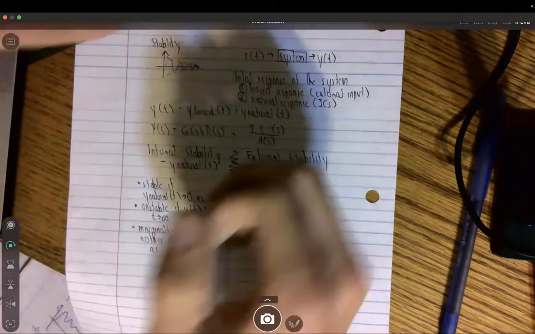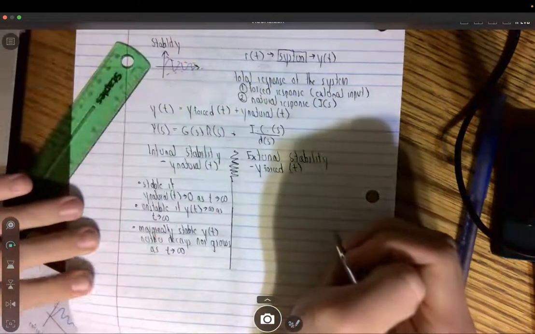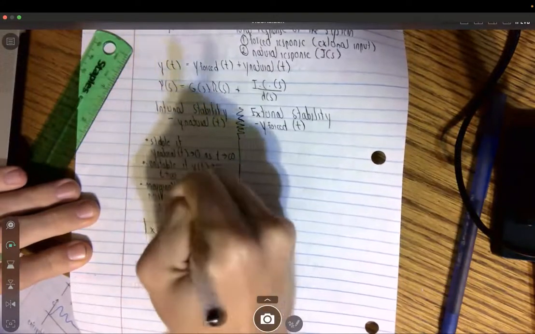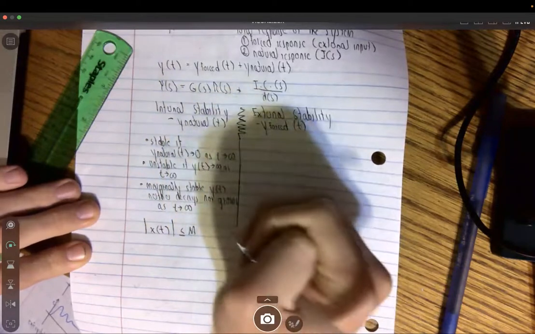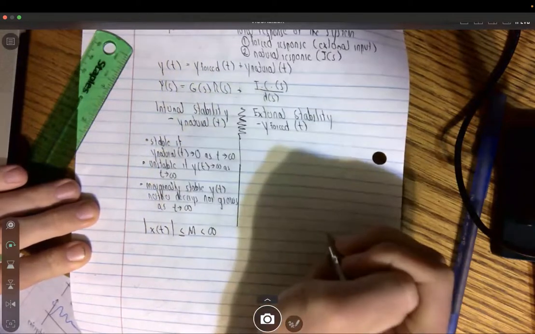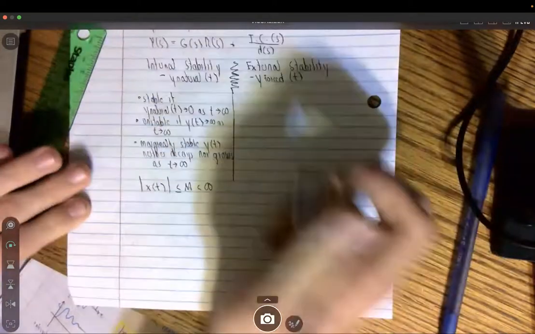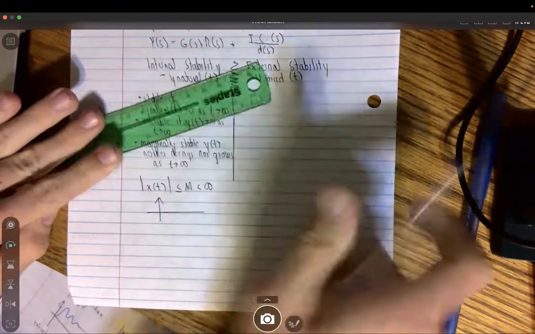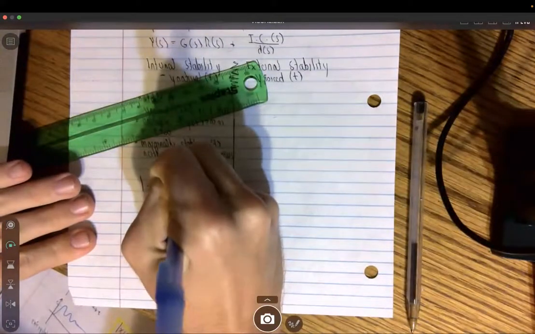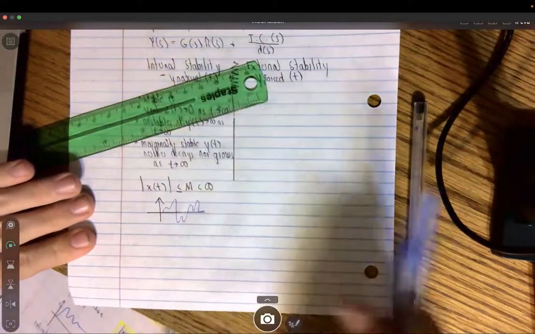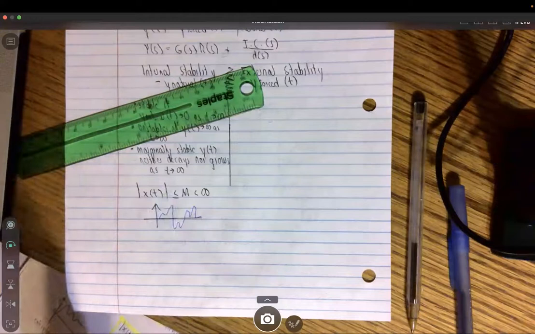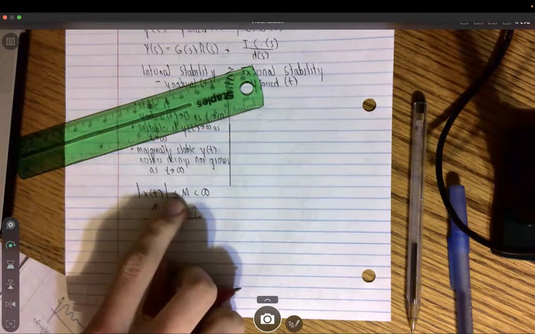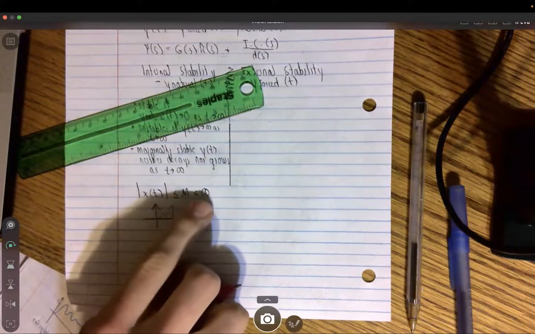So what we use for this when we talk about internal stability is oftentimes we have the absolute value of x of t must be less than or equal to some number that is less than infinity. So that means it is bounded. So here, when we have our signal, and we want to make sure that if we take the absolute value of it, it is less than some number, and that number is not infinity.